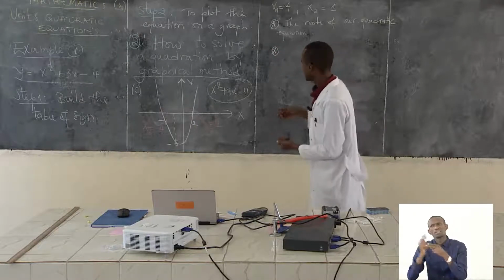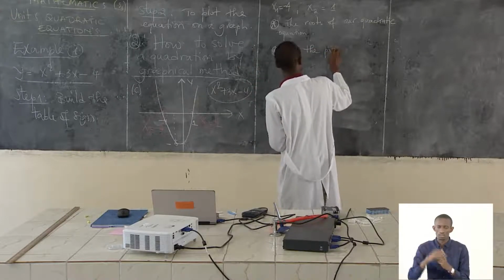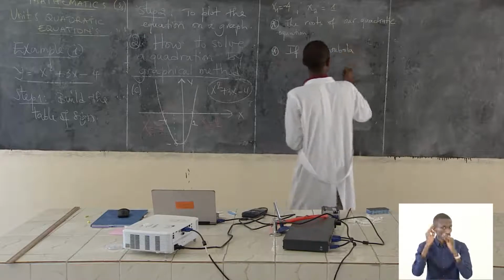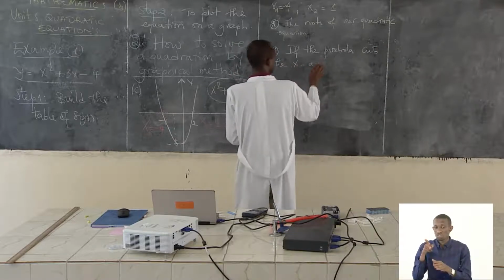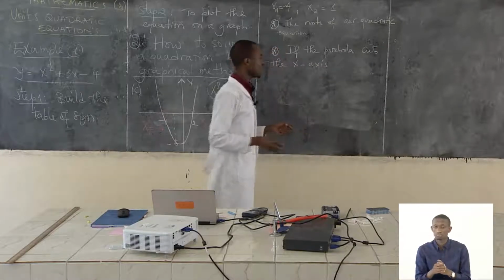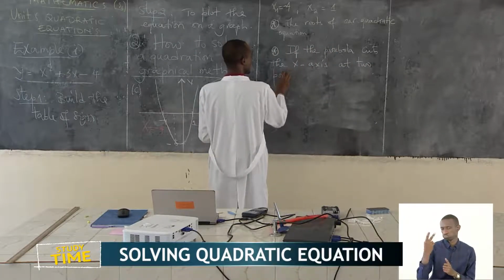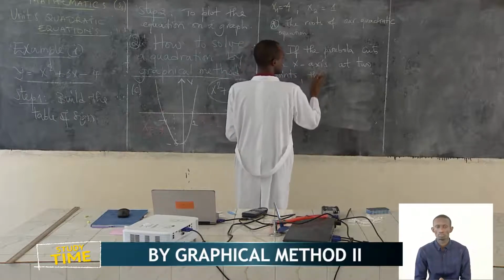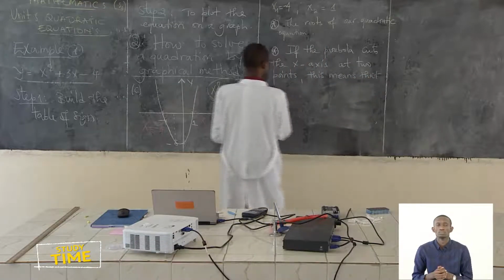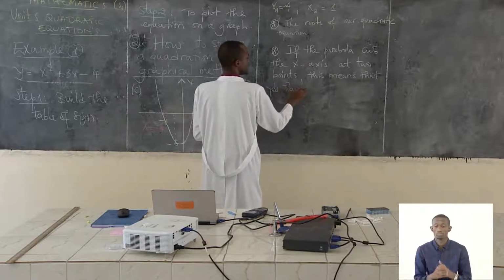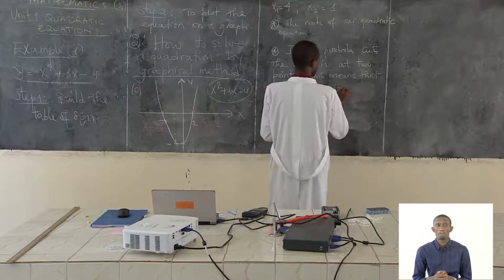If the parabola cuts the x-axis at 2 points, this means that you have two roots.